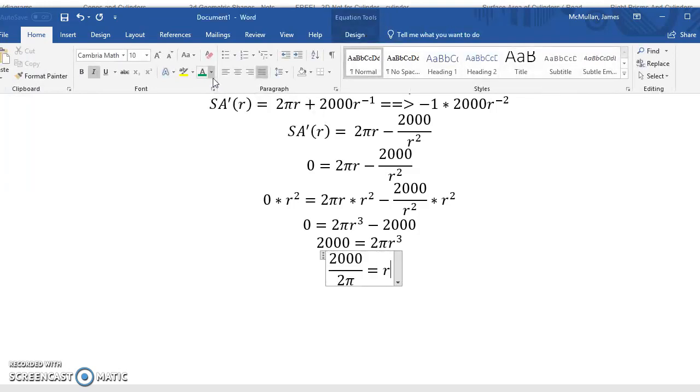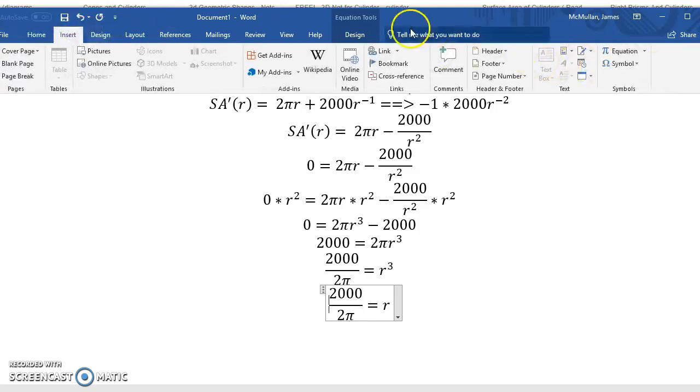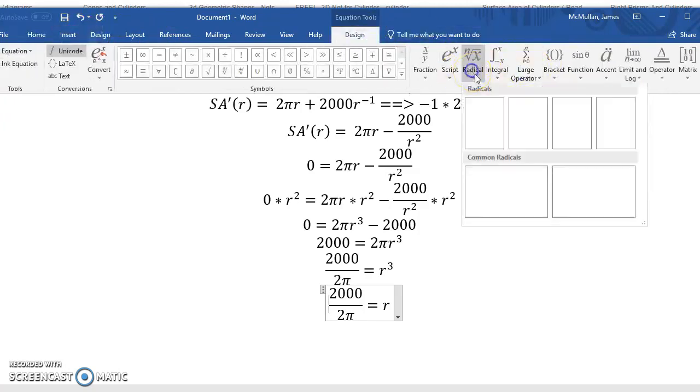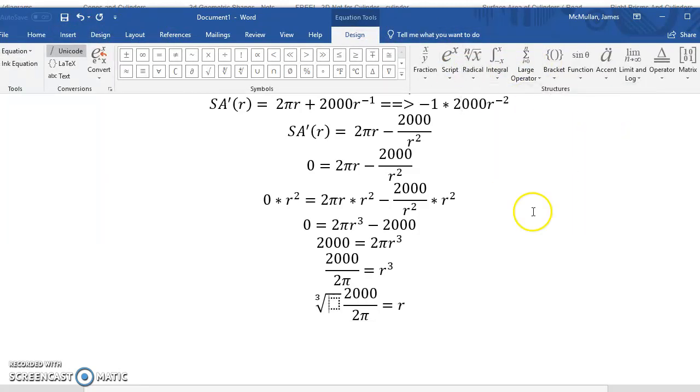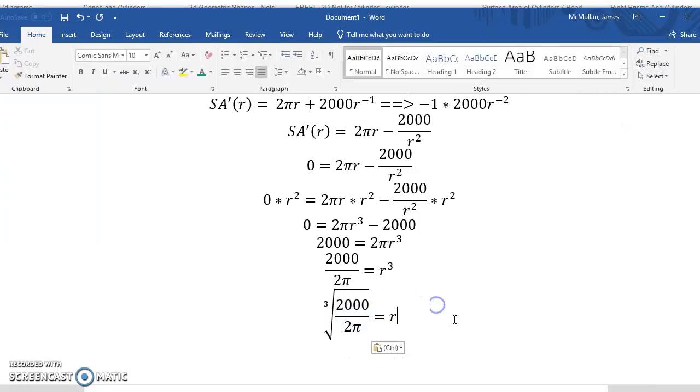And therefore the cube root of 2,000 over 2 pi equals r, and we'll just quickly take the cube root here. Okay, so the cube root of 2,000 over 2 pi is our r. This would be the other critical point.